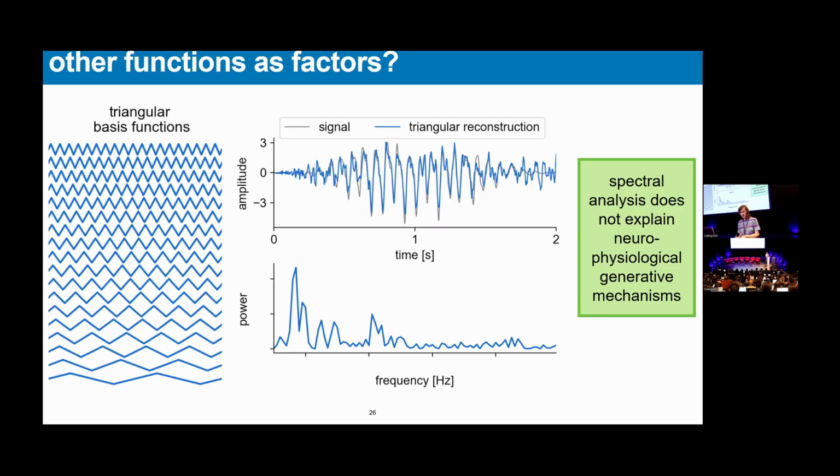You have a convenient representation of the data, but you have not explained the data at this point in time. My data is fit almost perfectly, I can fit it even better than here, but you would not necessarily say that there are 500 triangle functions oscillating in the brain. Right, so these are the very basics of spectral analysis, maybe the most important things.